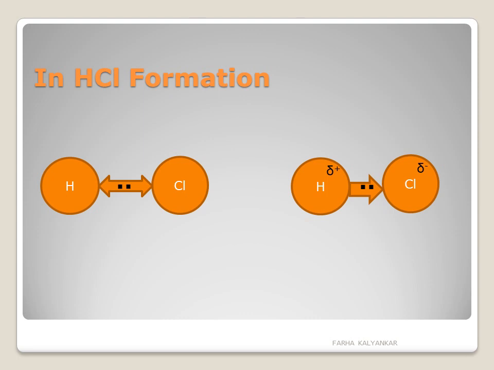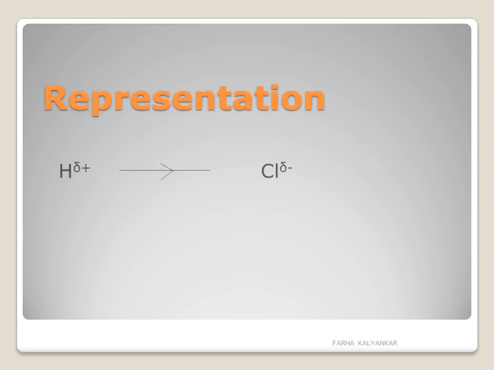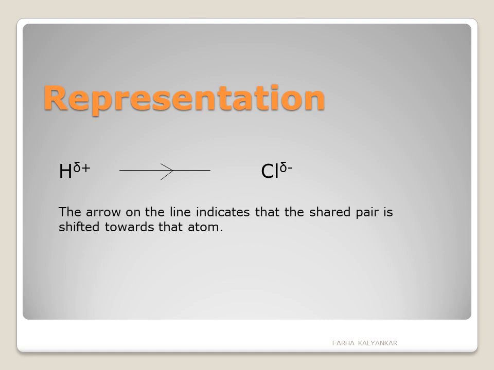Polar compounds tend to show charge separation property. A polar compound can be represented as this. The arrow on the line indicates that the shared pair of electrons is shifted towards that atom.